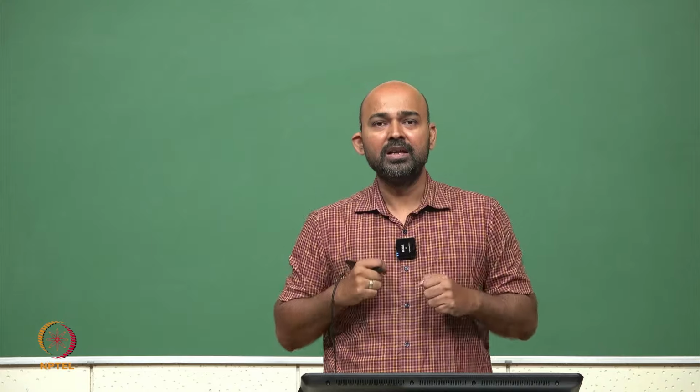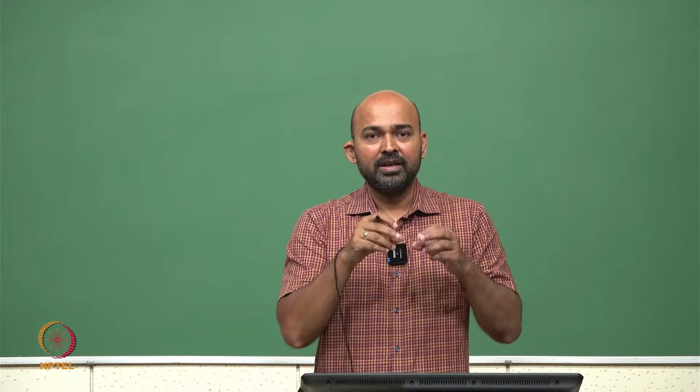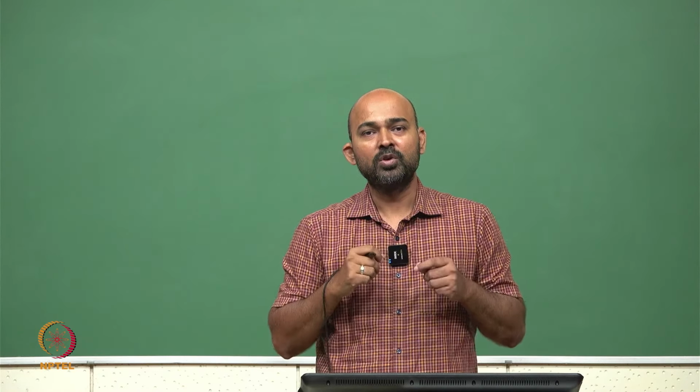Another technique is the signals should be routed in different layers. If you have the possibility of a multi-layer PCB, where there are multiple layers you can design, you can try to put different signals in different layers so that there is less coupling between these two traces. If traces are in the same layer, there will be much more crosstalk.